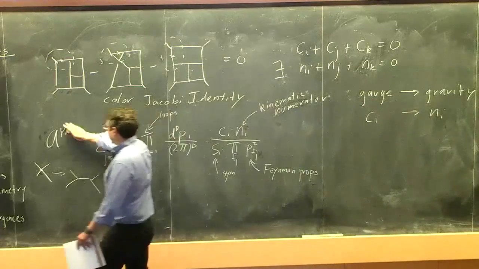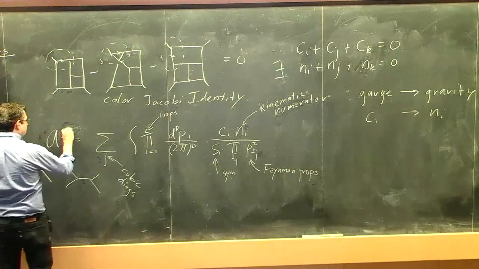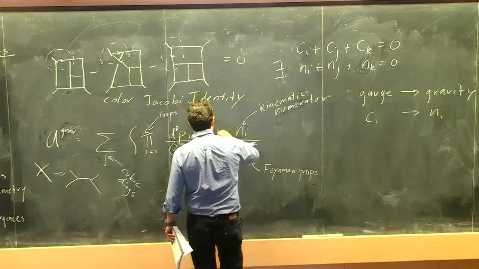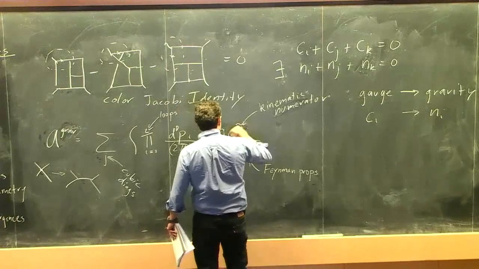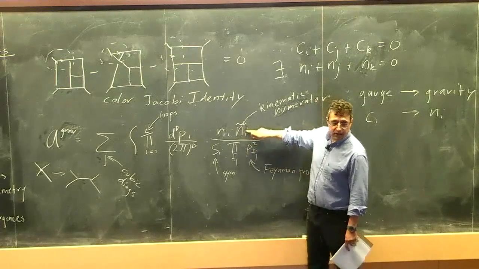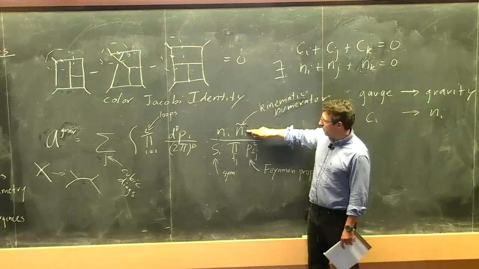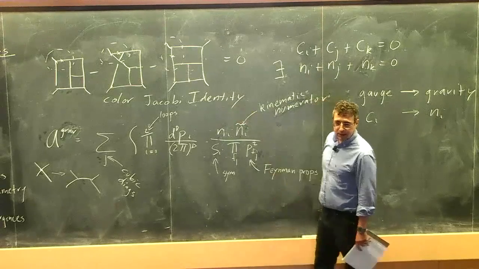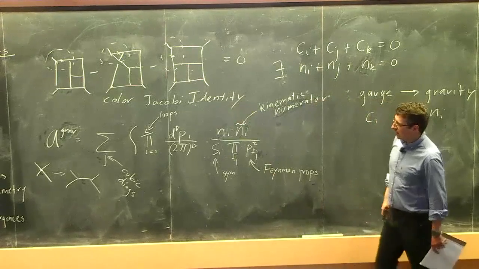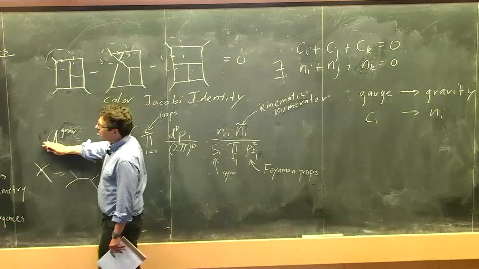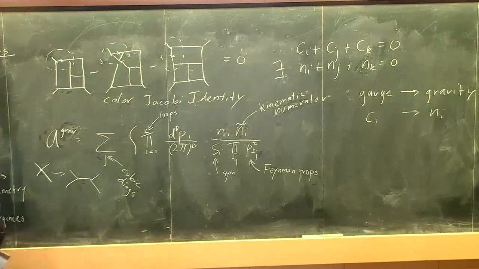So what I do is I come over here, I call it gravity, and then maybe let me put a twiddle over one of these, because maybe these aren't even from the same gauge theories. Maybe one is N=4 super Yang-Mills and the other one is ordinary Yang-Mills. Okay, and the claim is that this is now a gravity amplitude. I think you'll agree that the word magic is appropriate.